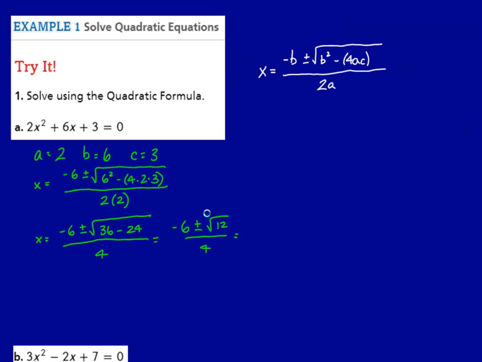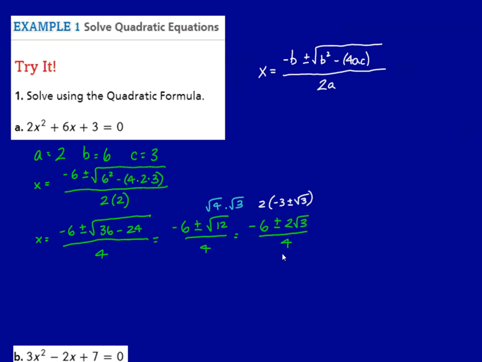The square root of 12, if you remember, can be broken down as the square root of 4 times the square root of 3. And the square root of 4 is 2. So really, this is negative 6 plus or minus 2 square roots of 3 all over 4. Now on this one, I can factor out a 2, and I'm left with negative 3 plus or minus the square root of 3.